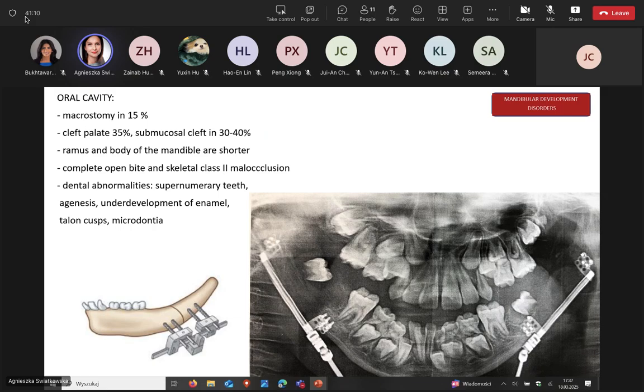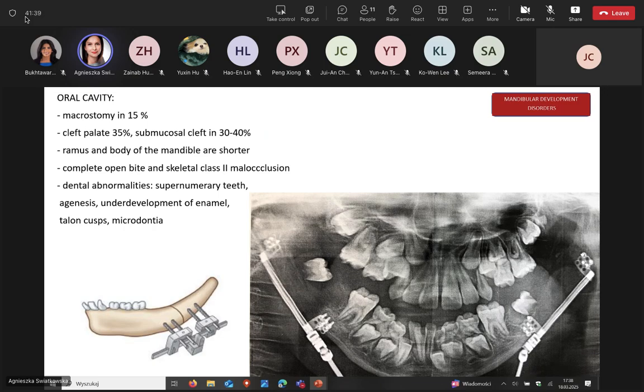Dental abnormalities: hypodontia, enamel hypoplasia, and the development of malformed teeth and microdontia. And here you can see, also on the orthopantomogram, a distractor, but an intraoral distractor.